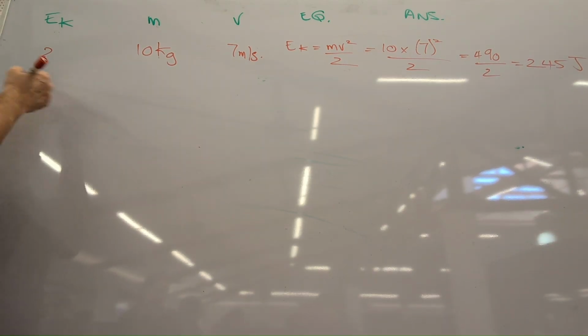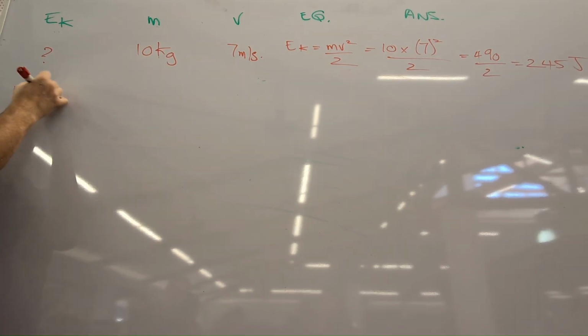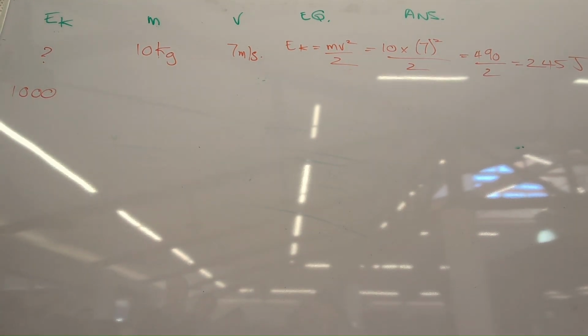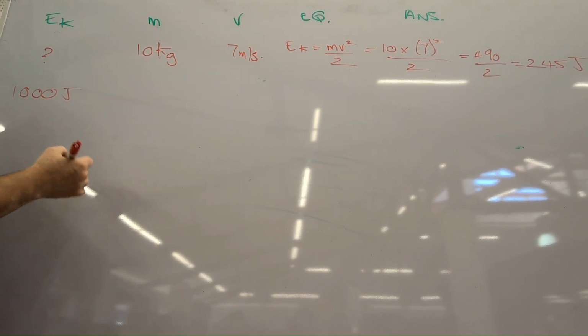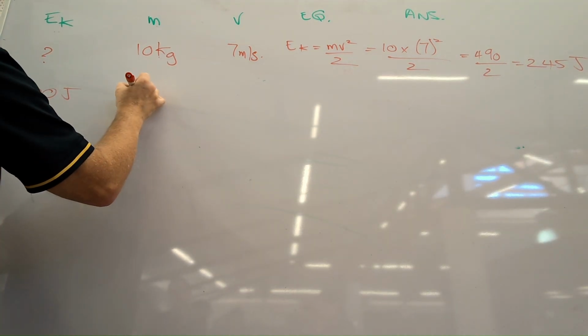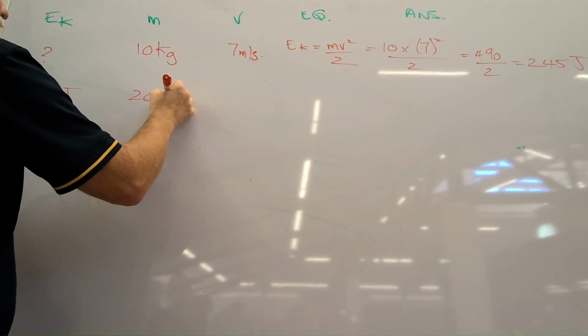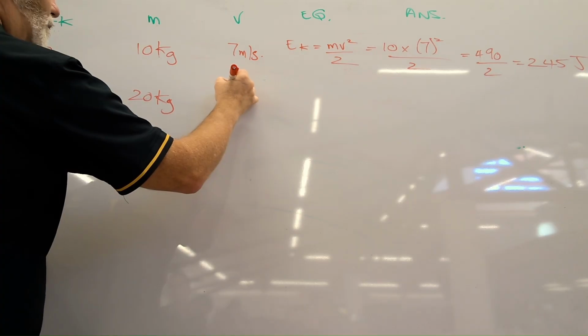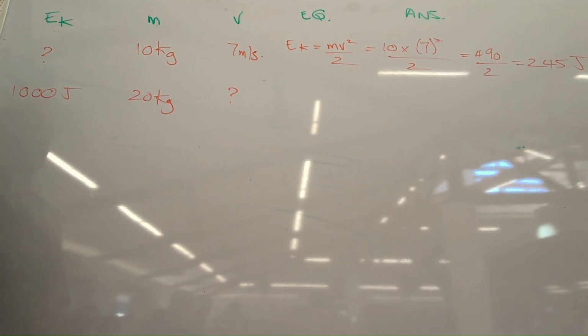Now, if I had total energy, let's go for 1,000 joules. And the mass was 20 kilograms. And I wanted to know the velocity of the object. What equation would I use?